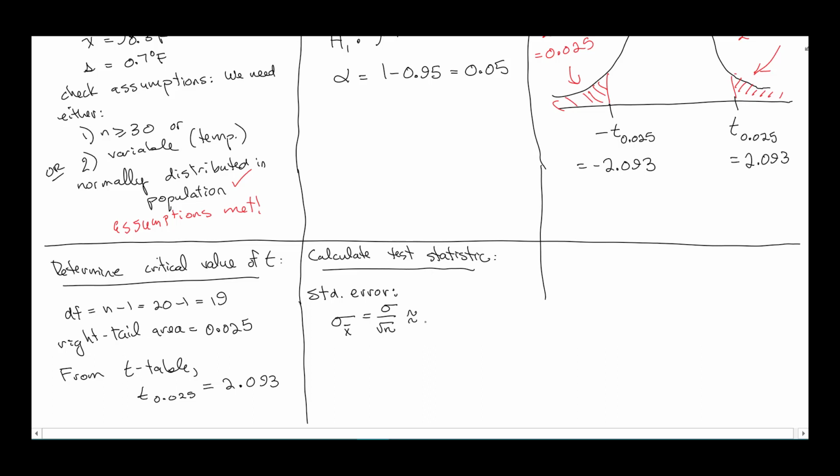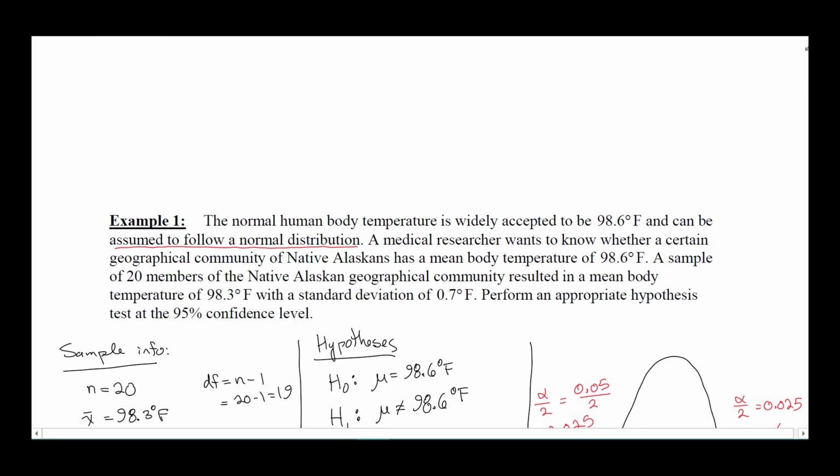But we're going to be using the sample standard deviation instead. Notice I put an approximately equal there because they are not going to be the same. The sample standard deviation is going to be higher than the population standard deviation in general. And so what are we going to put in for that? We need to go look at our sample information.